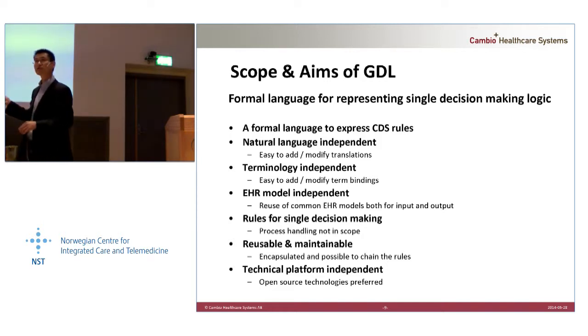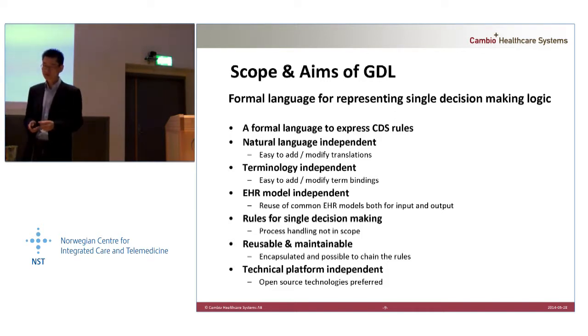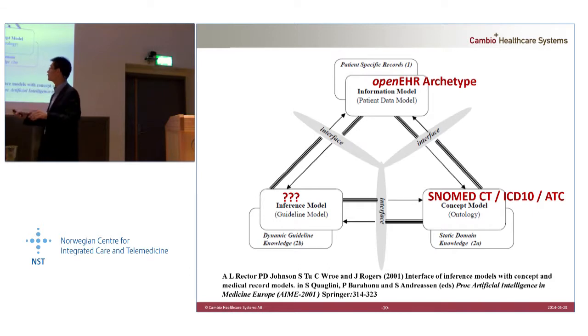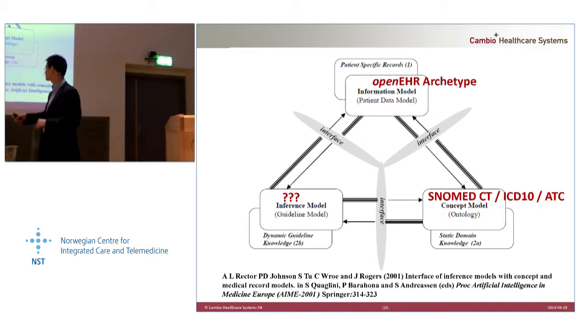So we have a list of requirements, and I hope that everyone will agree with me at this point that we made a good decision to invent something new to fulfill these requirements. We didn't look very far. We looked at one classic paper from Alan Rector and colleagues from Manchester University, from 2001.